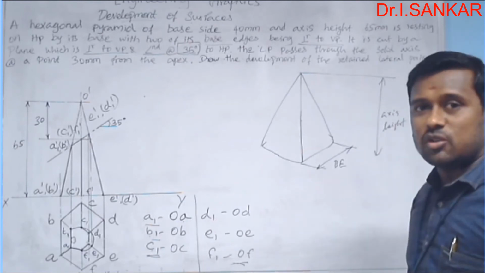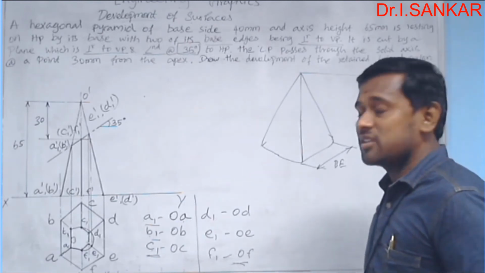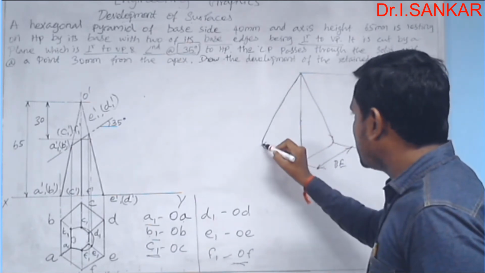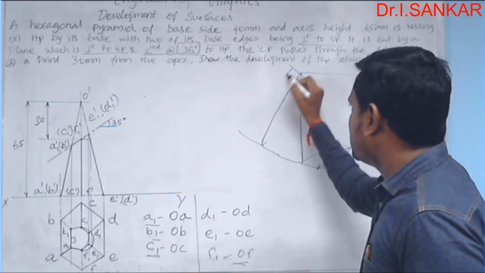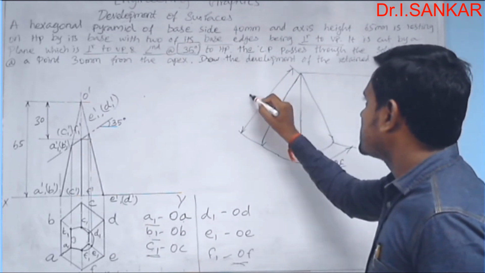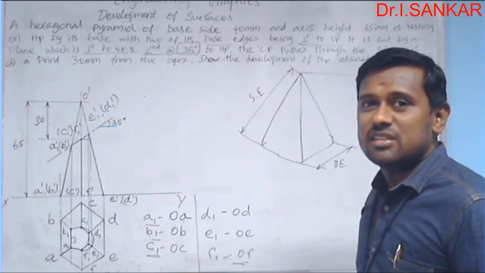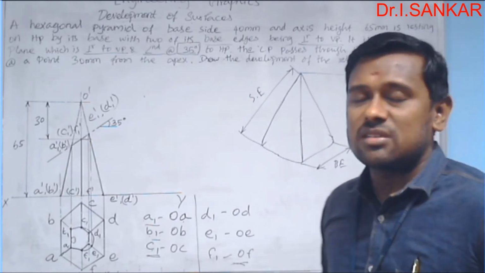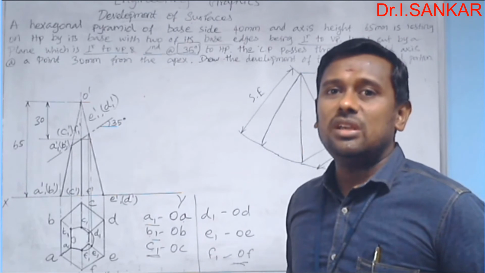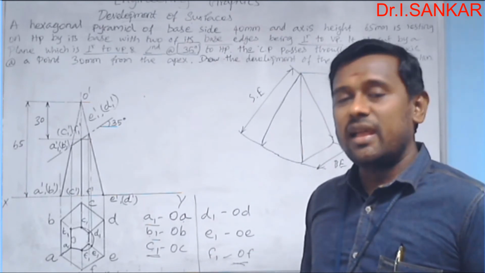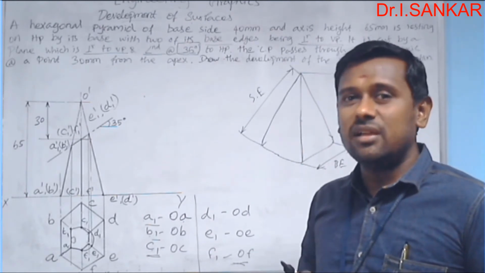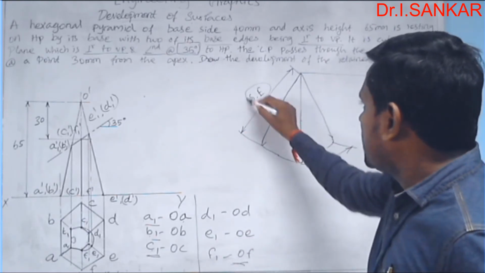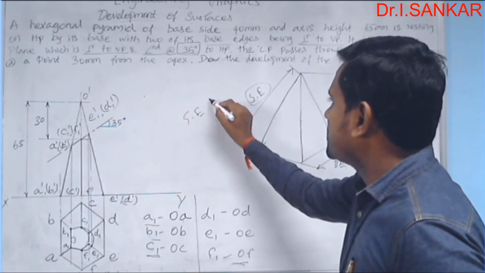And the slant edge length is the length of the slant edge. This length is nothing but the slant edge length or side edge length in the case of the pyramid. The side edge length is not equal to the axis height of the solid. The axis height is always less than the slant edge length of the solid. Always your slant edge is greater than the axis height.